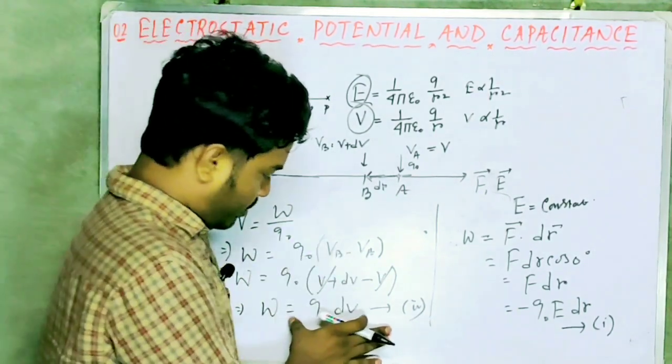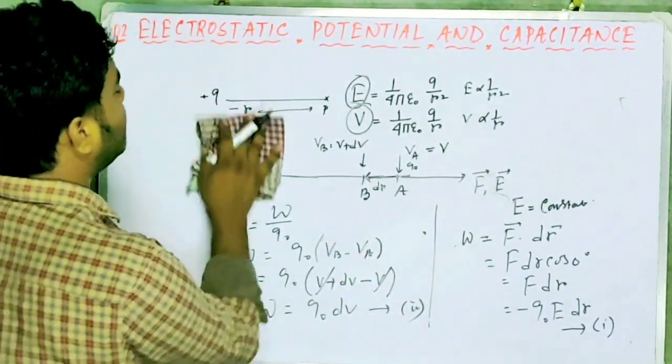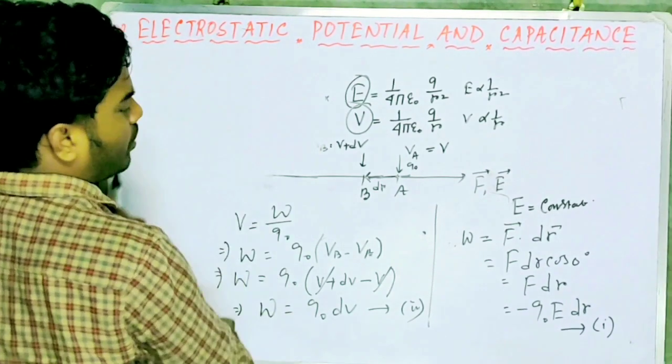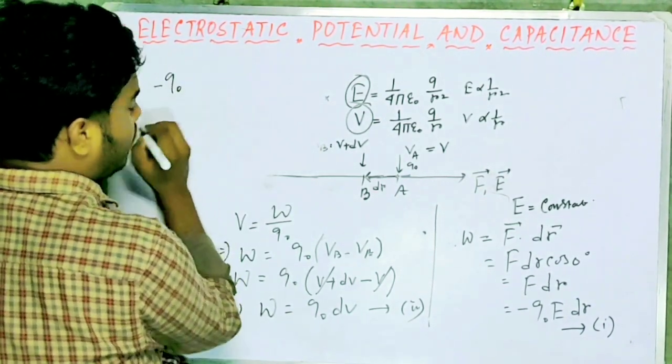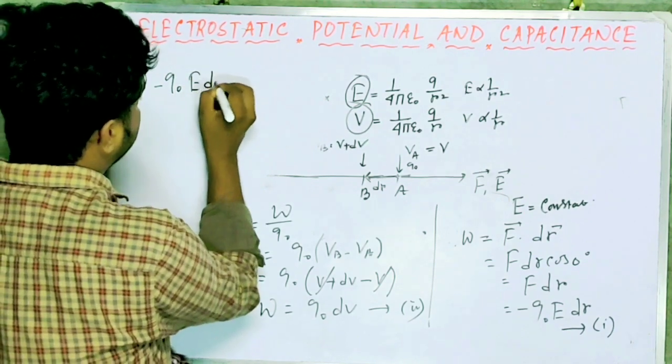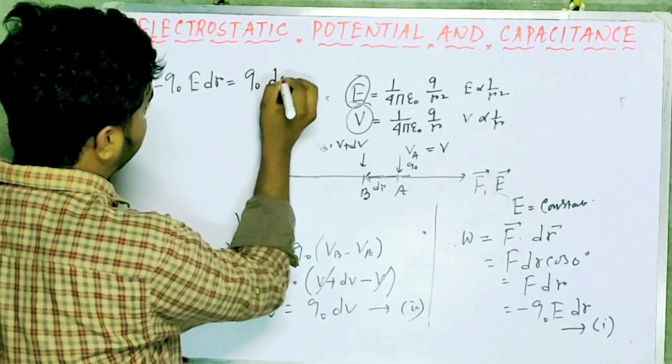Now comparing equation 1 and 2, what will happen? Comparing equation 1 and 2, we can say that minus Q naught E dr is equal to Q naught dV.